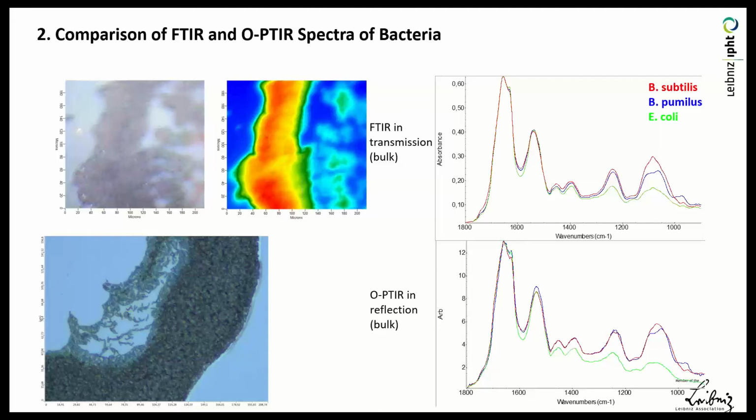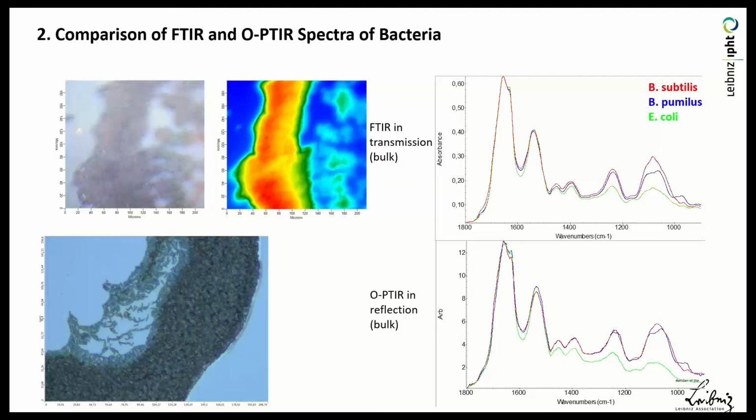Okay, we have seen in the previous presentation OPTIR spectra of bacteria and also FTIR spectra. So our model system is the bacteria Bacillus pumilus and Escherichia coli from Ute Neugebauer's lab.